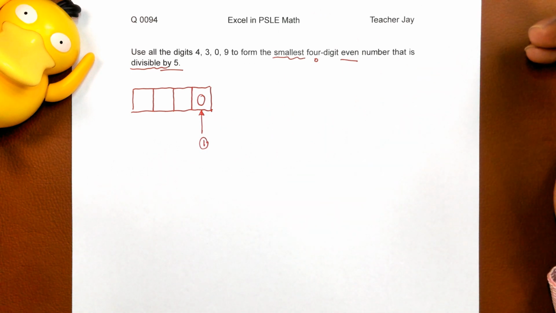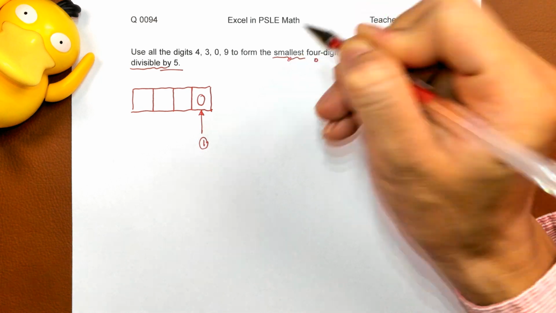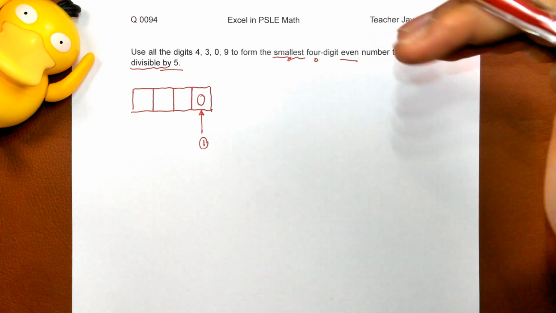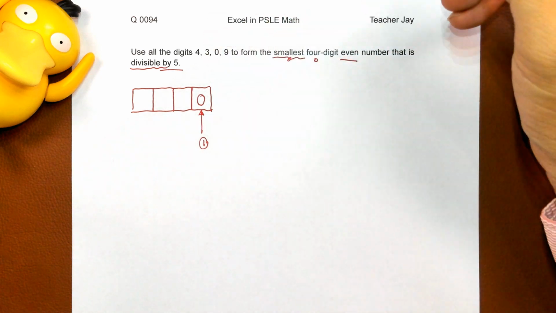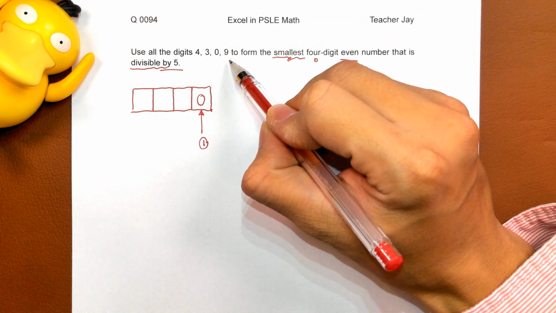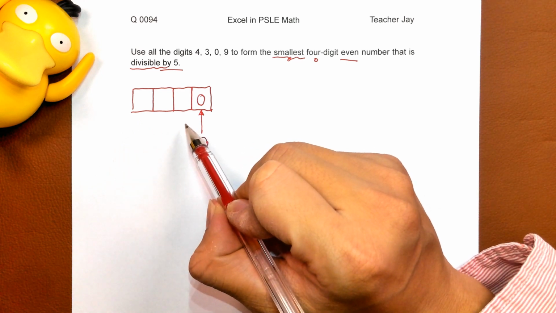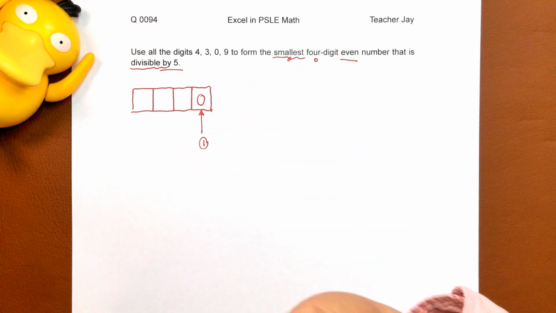All right. And second, to make sure it is the smallest 4-digit number, you must place the remaining 3 digits 4, 3, 9 from smallest to the largest, starting with the thousands place.